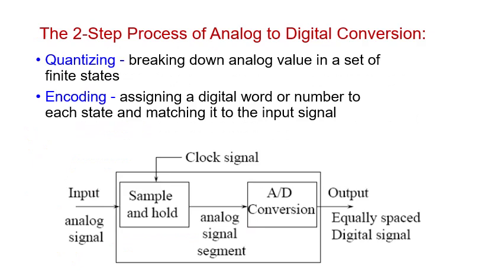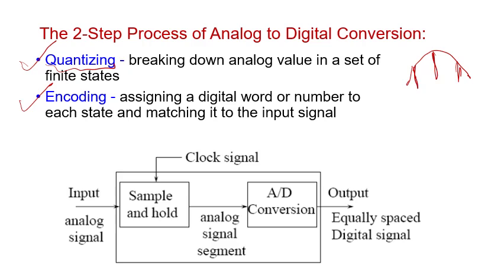The two steps process of analog to digital converter. There are two main steps: quantization, then encoding. In quantization, we break the signal down to a finite set of states. That means if the signal is this much, we break it into finite states. I will take this one, this one, this one, so I'm taking 3 states now.